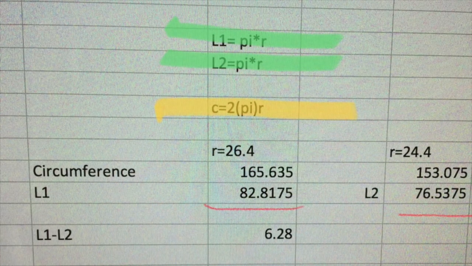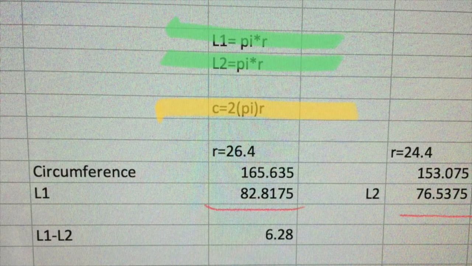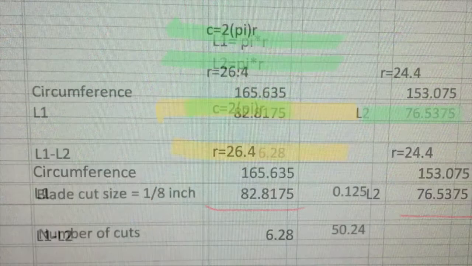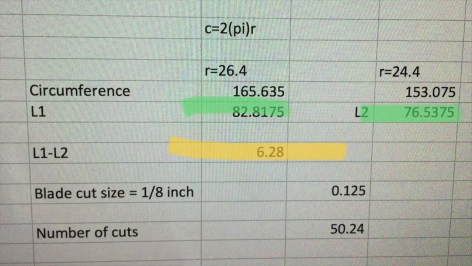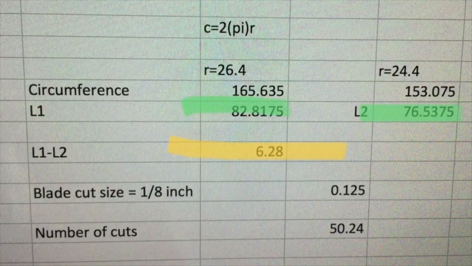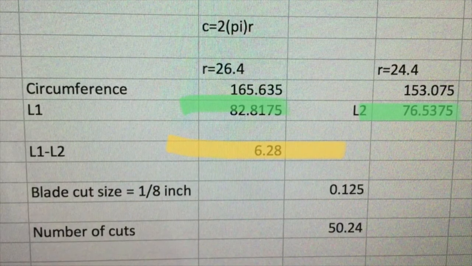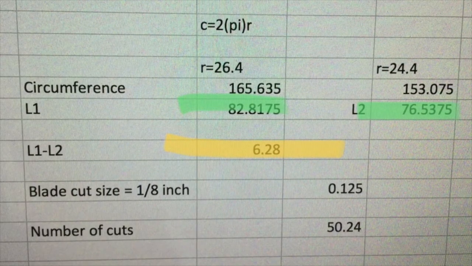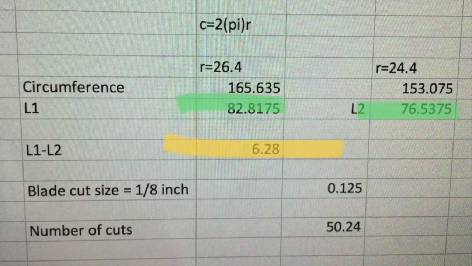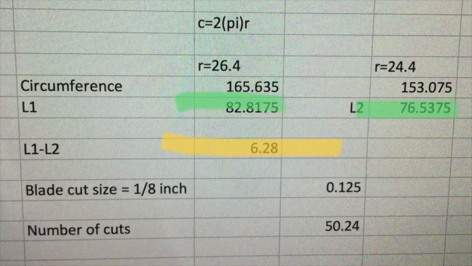The arch values are half of what the circumference of the circle would be. Now if you subtract L2 from L1, it is 6.28 in the arch that I am constructing. That means that the inside of the arch is 6.28 inches shorter than the outside of the arch.